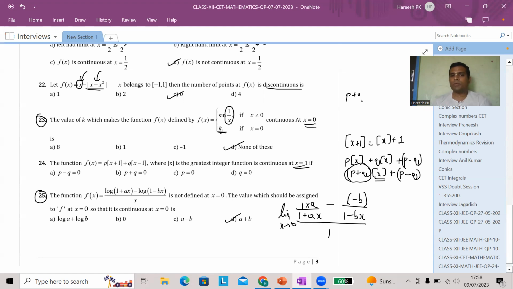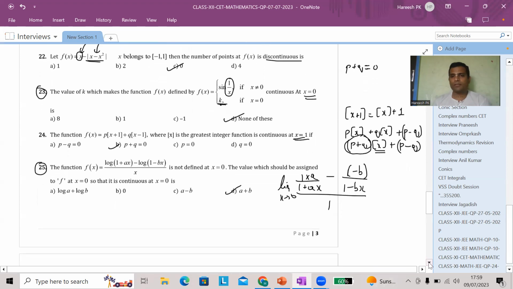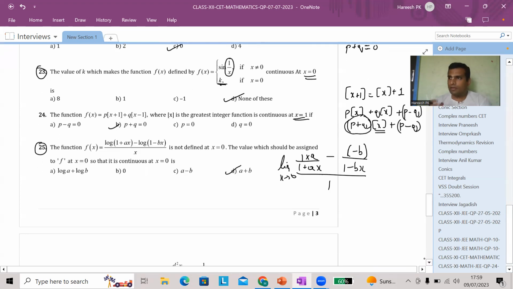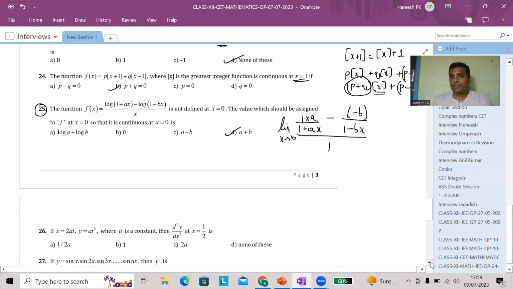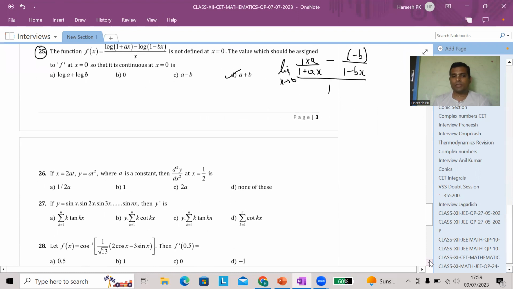So p plus q has to be 0. That's the only condition. So it's a direct one, but a very good one. The way we conclude is, I know that greatest integer is discontinuous, but if I want it to be continuous, the only way I can do that is the coefficient must be 0.